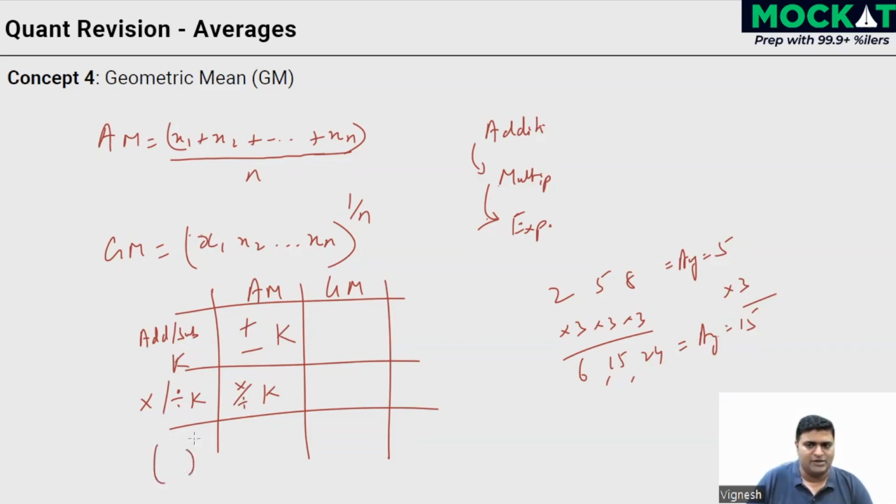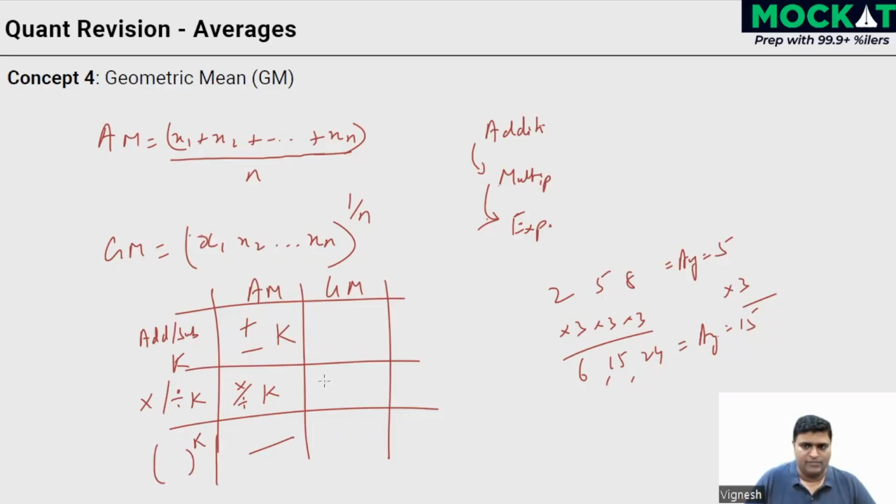If you're going to raise it to the power of a constant, is the same going to happen over here? No, it doesn't, right? Let's call it not applicable or doesn't happen. How do I denote that? No. And in the case of geometric mean, everything gets pushed down, right? Addition becomes multiplication, so it just moves down.